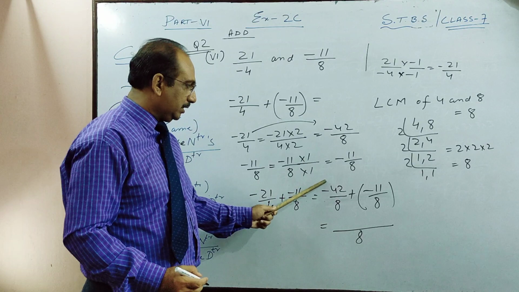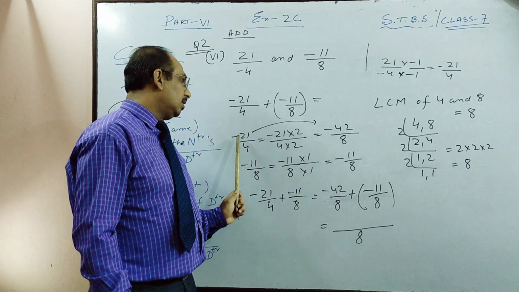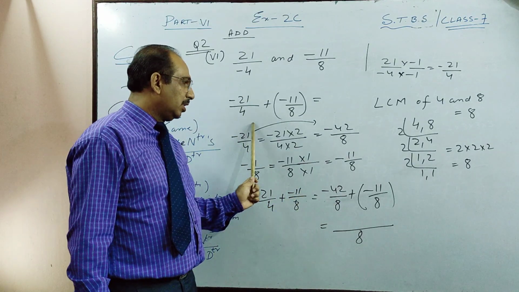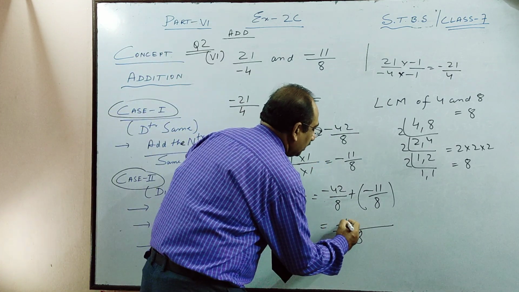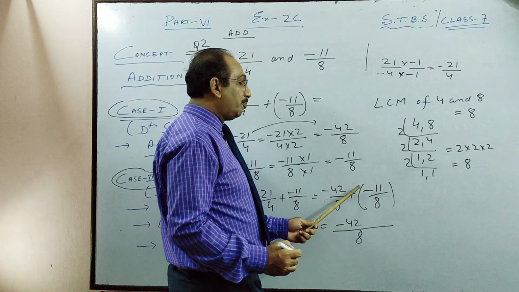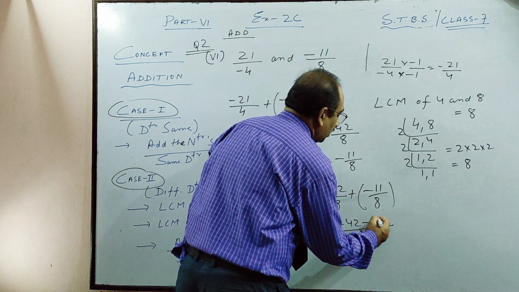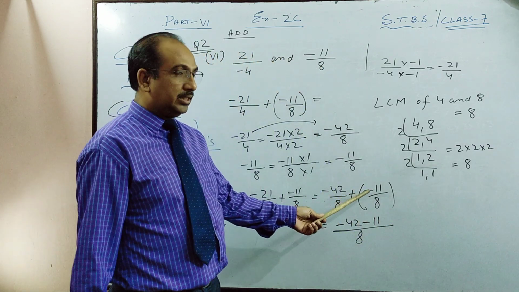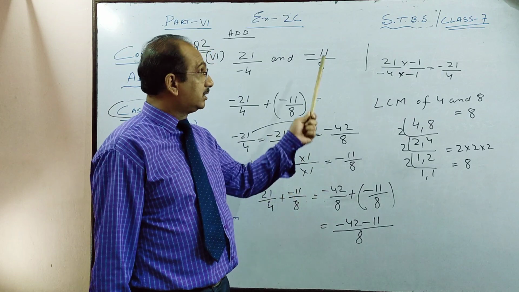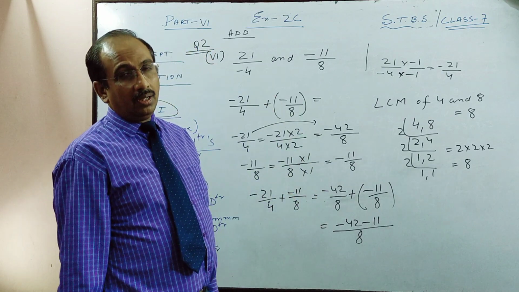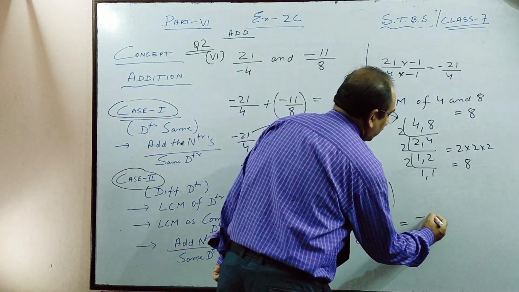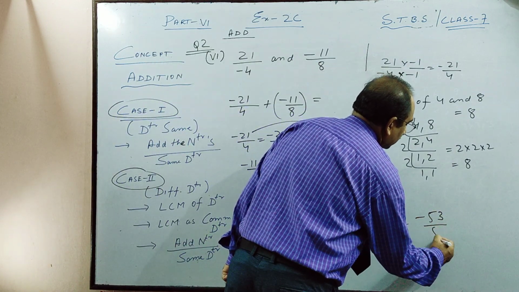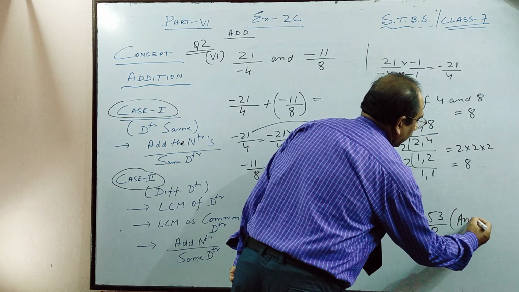So this remains this. Minus 21 by 4 as an equivalent fraction with denominator 8 is this. So minus 42, you will remember plus minus, just see the sign, is minus. This I think you have seen in my previous chapters video where I have explained how we do. So your final answer is minus 53 by 8.